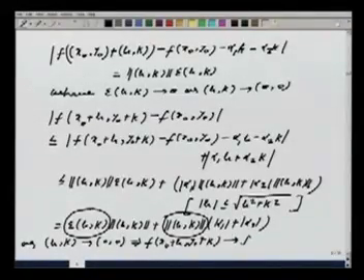So the argument is this right hand side goes to 0 as hk goes to 0, 0, because epsilon hk goes to 0 and norm hk also goes to 0. That means the left hand side by sandwich theorem also goes to 0. That means f of x naught plus h, y naught plus k goes to f of x naught y naught. But that is precisely continuity of f at x naught y naught.